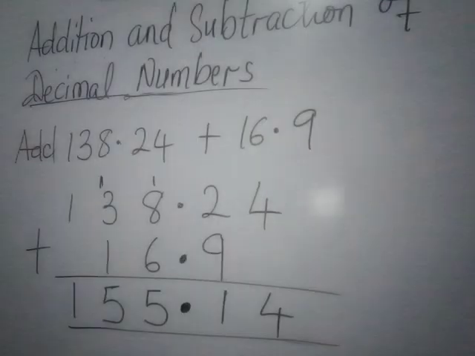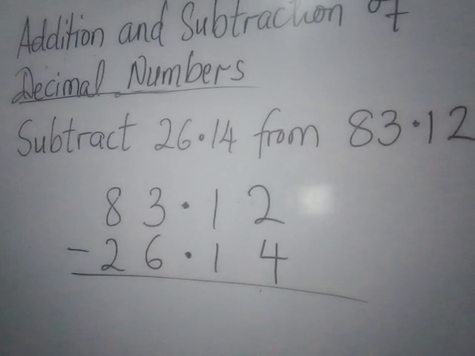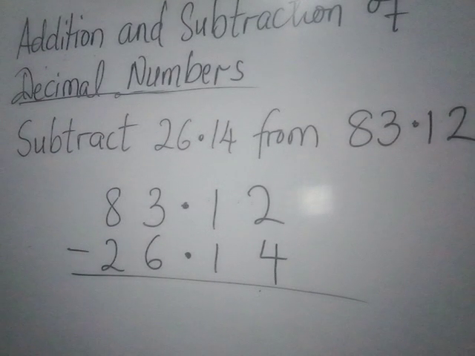Okay, so 138.24 plus 16.9 gives us 155.14. I hope we have really understood this now. This is how we arrange when you're doing decimal. Okay, the next one we're going to look at is subtraction of decimal numbers.